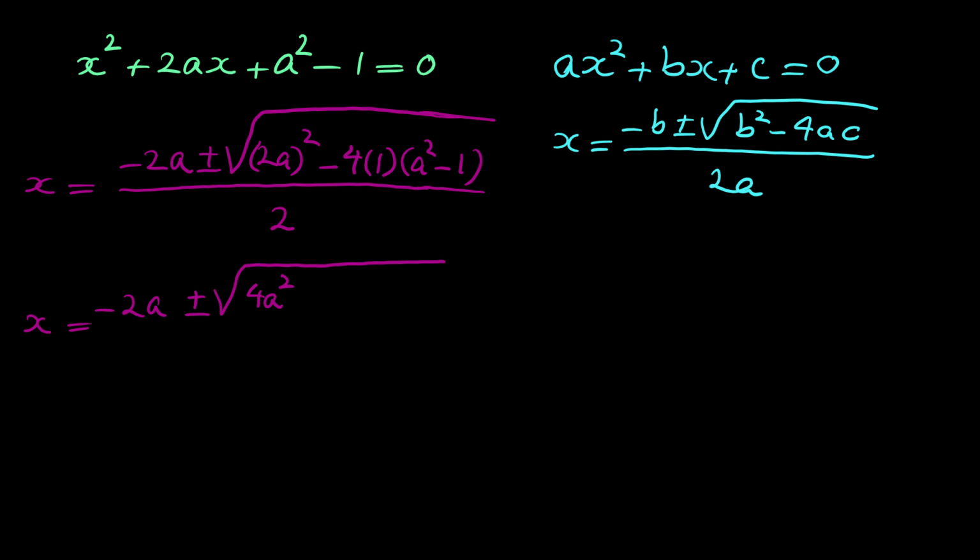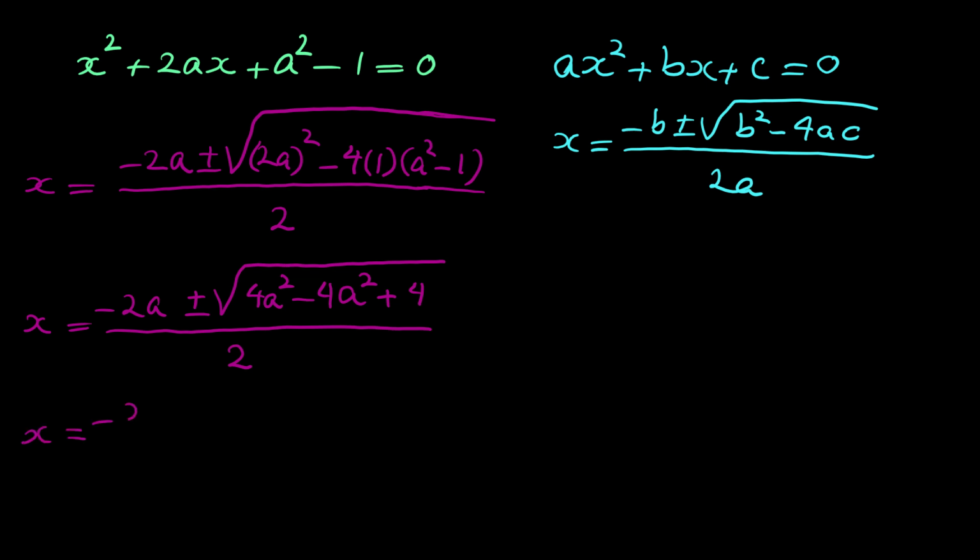Negative 4 times a to the 2 is negative 4a to the 2. Then we have negative 4 times negative 1, which is 4. All of this over 2.